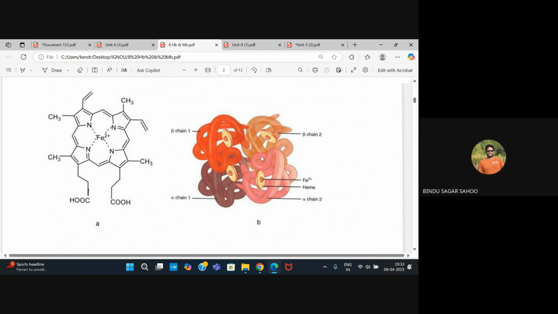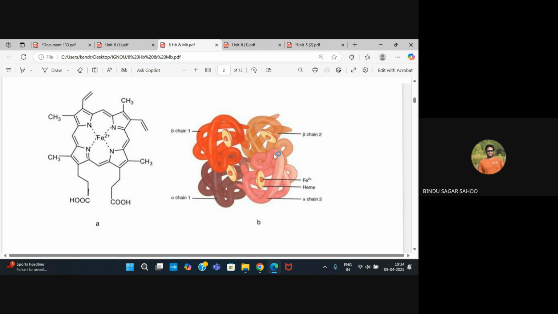Okay, and this right hand side part is the hemoglobin structure. So this porphyrin part, or hemi group, we can see as the yellow circles, and the iron 2 plus will be the middle one. These circles are connected to each other through these chains.